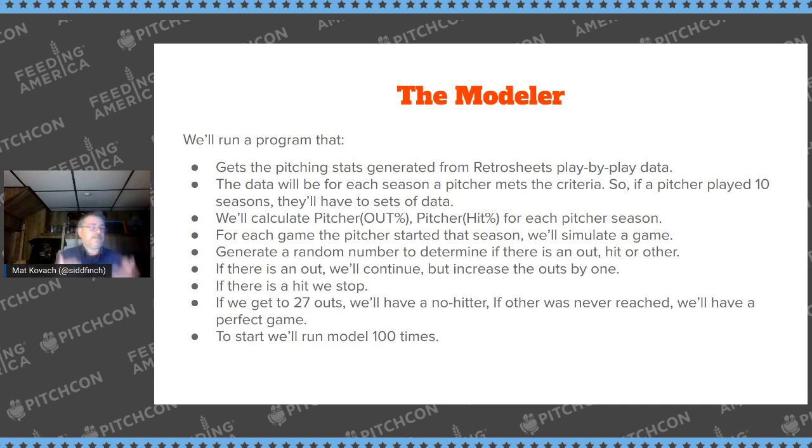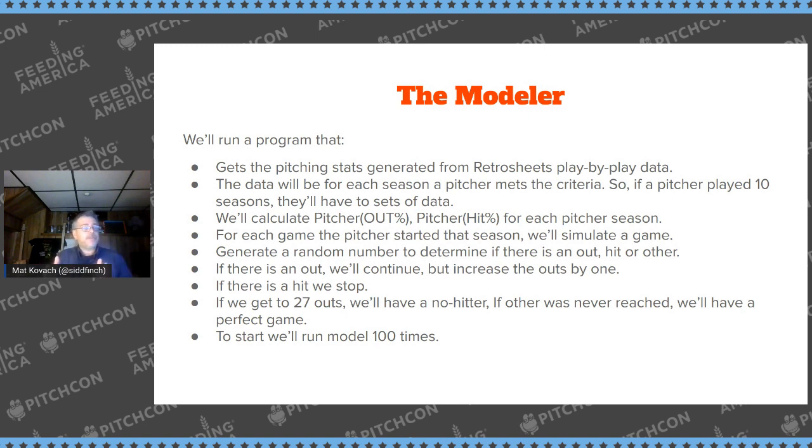I tried to make sure it was very random. And I would start a loop, and for every game that they started, I would go through that season using those stats. If the number was within the percentage of their outs, I recorded an out.